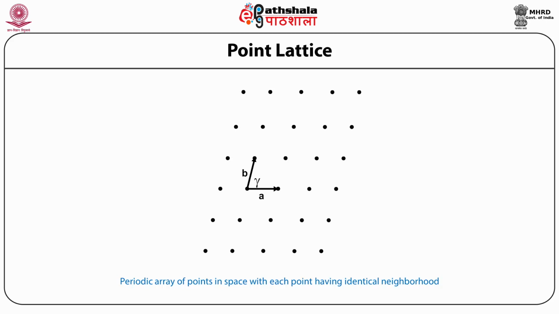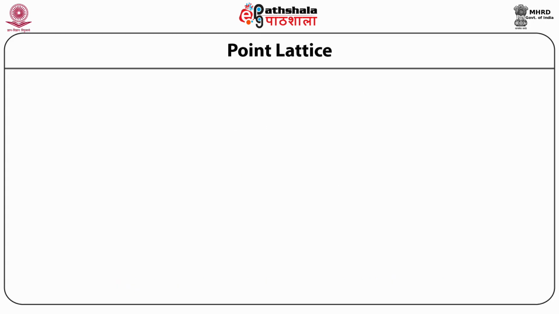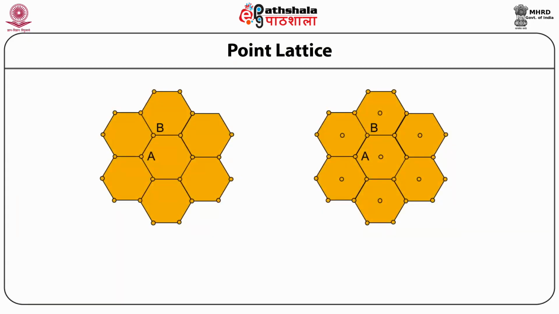As you can see from the figure, the horizontal separation between the points is represented by A, and the vertical separation by B. These two figures show the difference between point lattices. The left figure is not a point lattice, whereas the right figure is a point lattice.